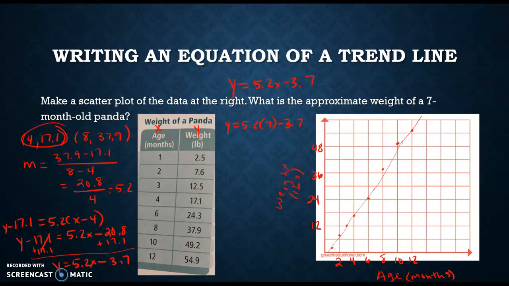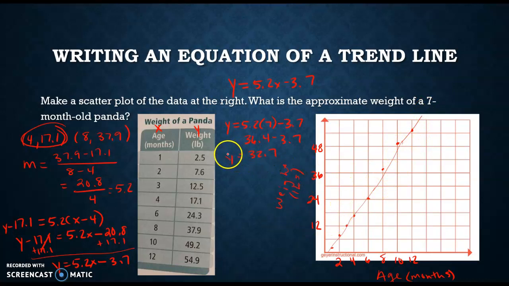So 5.2 times 7. All right. Sorry, needing to get my calculator. 5.2 times 7 is 36.4. And then I'm going to subtract 3.7, which is 32.7, which is not very far off from where I said, considering that the back end of my line should be a little up from where it is.